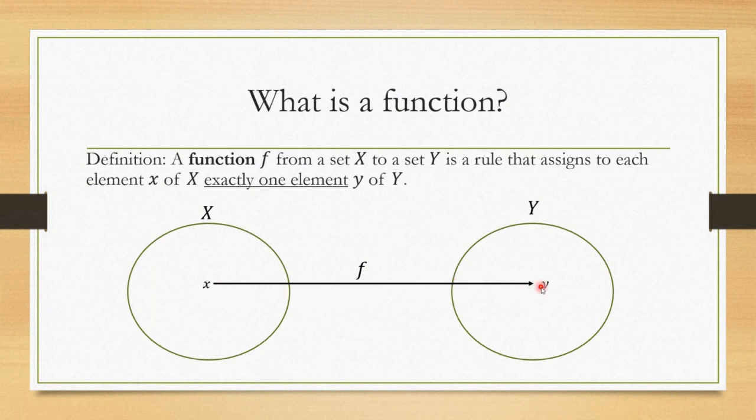So to each element in the first set, the function assigns one element from the second set. I know I'm repeating this definition a lot.